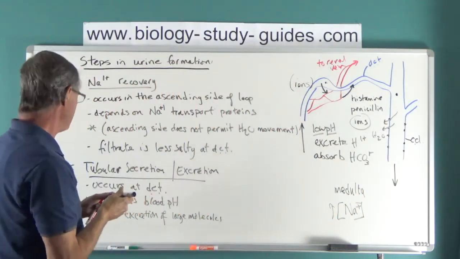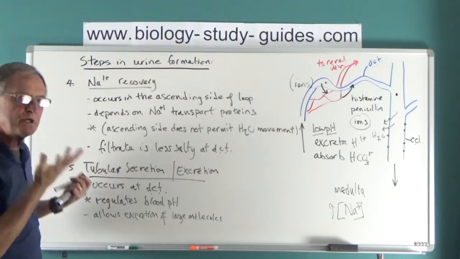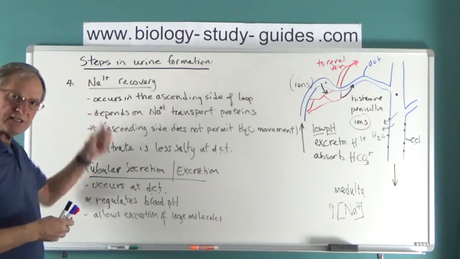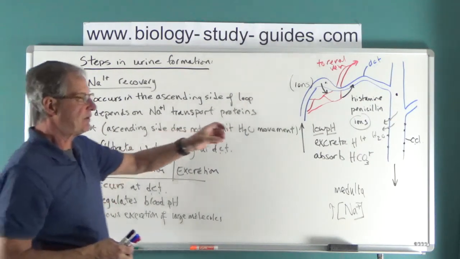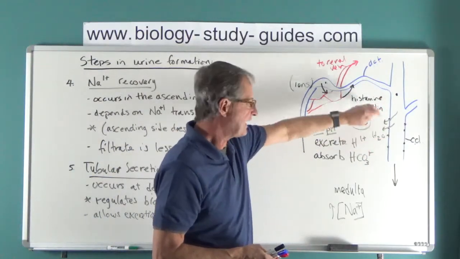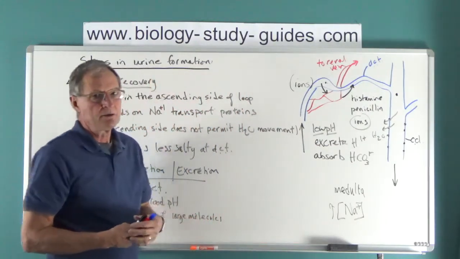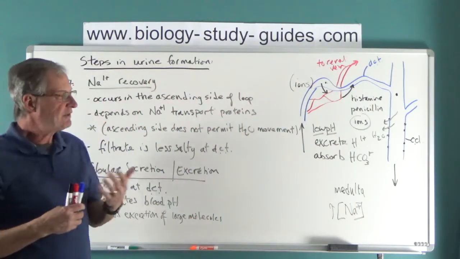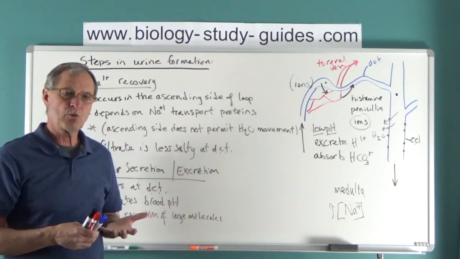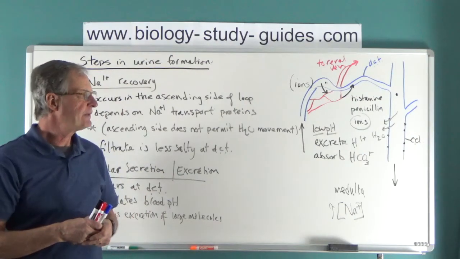So this is step number 6, but it's really the same process as what was occurring in the descending side of the loop of Henle, where the tubule there is specialized with cells that have protein channels for allowing the water out. At the end of the day, like I say, 99.2% of the water gets recovered. We can't afford to lose it all.